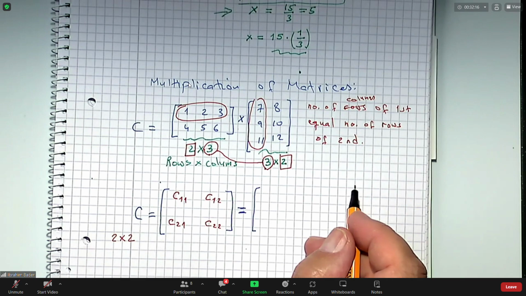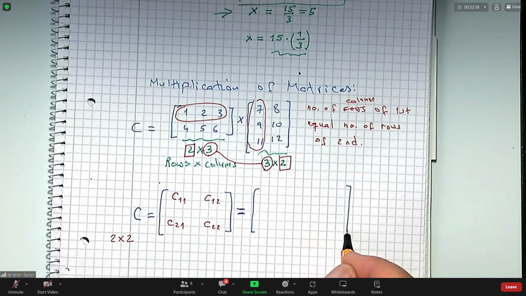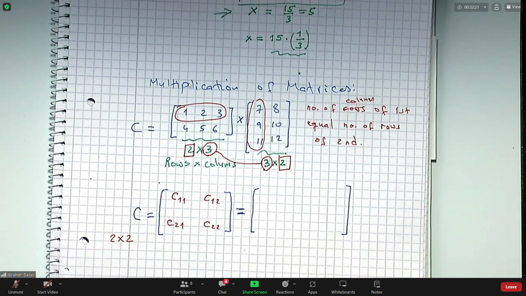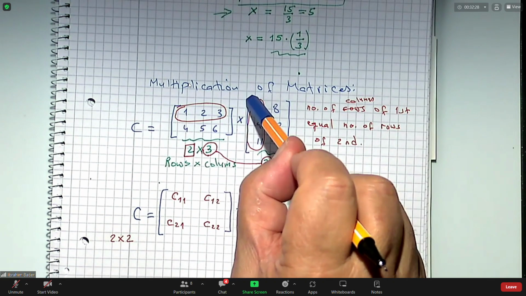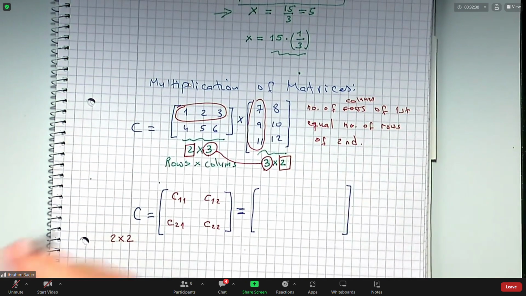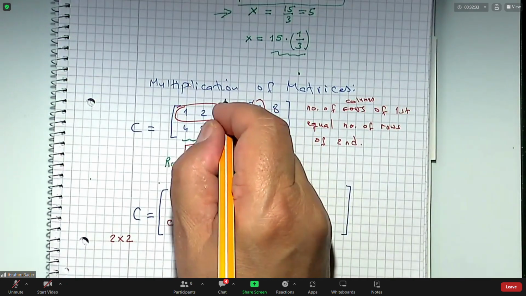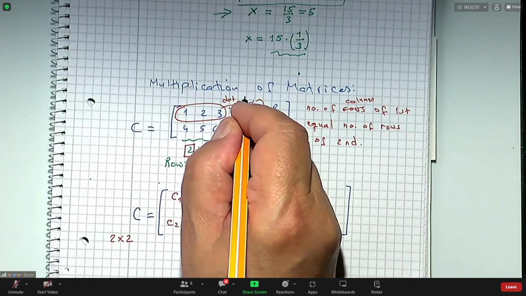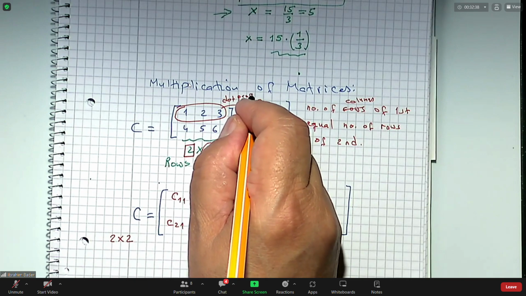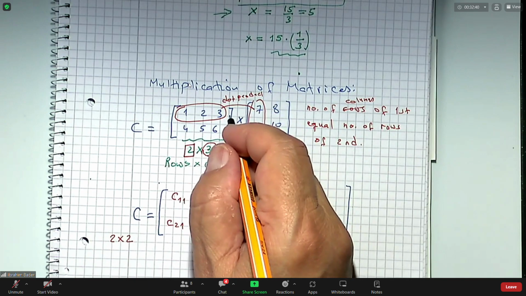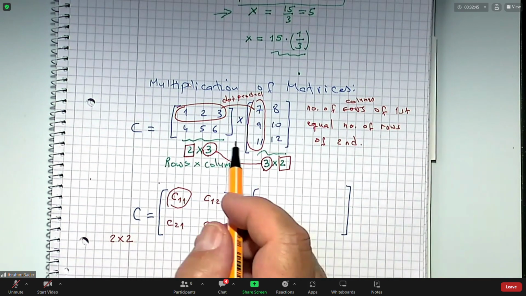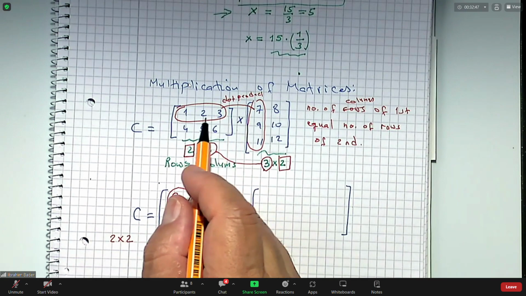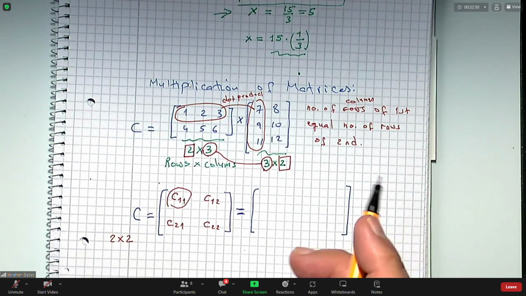Now, what is the outcome here? If you multiply this row with this column as a dot product, this is the dot product of vectors, and it gives me this particular location C11. Can anyone tell me the outcome if you multiply it out?